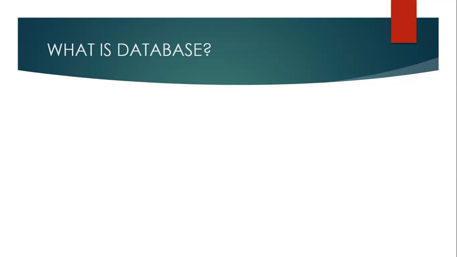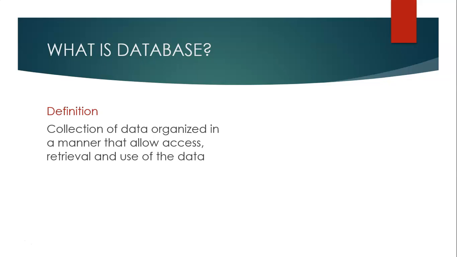So what is a database? The definition of a database is a collection of data that we organize in a way that we can access, retrieve, and use the data. It is very suitable for a very large amount of related data.